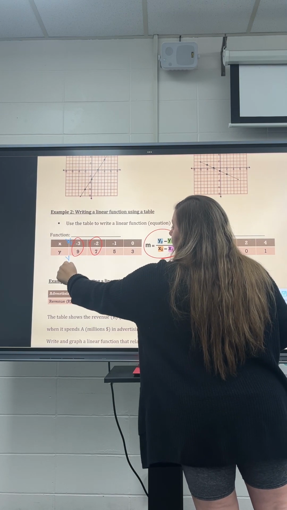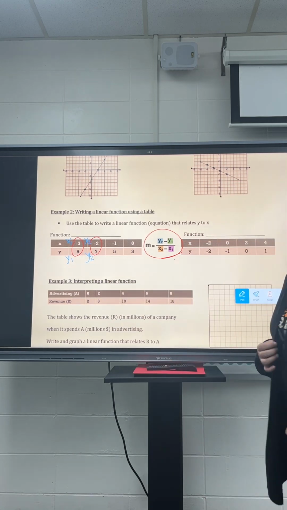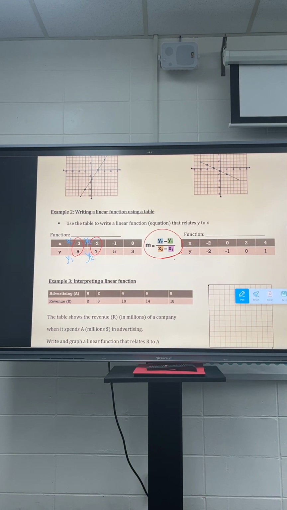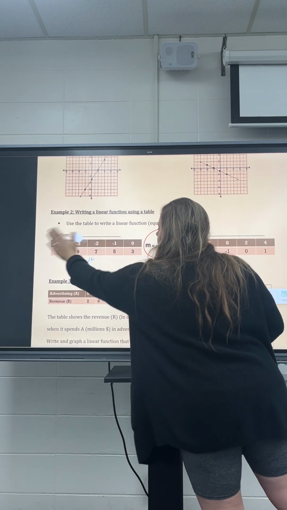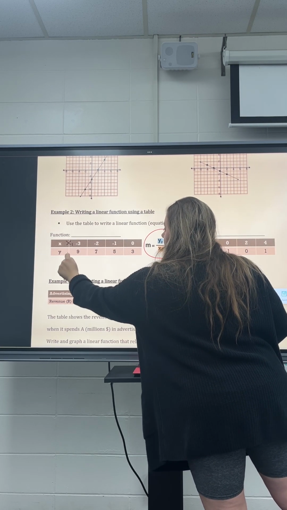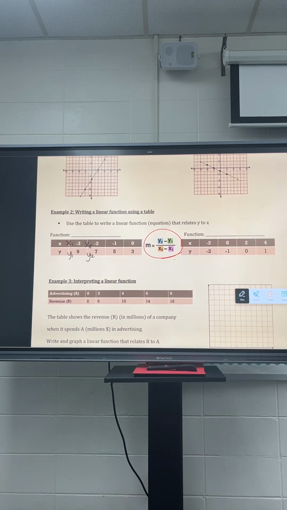Then this is y1, x2, and y2. So go ahead and write that down. I'm gonna just check and make sure you can see that. I don't think that blue is a very good color. Okay, x1, y1, x2, y2. Let me write it right here. x1, y1, x2, y2. And all I do is plug it in to find the slope, okay?